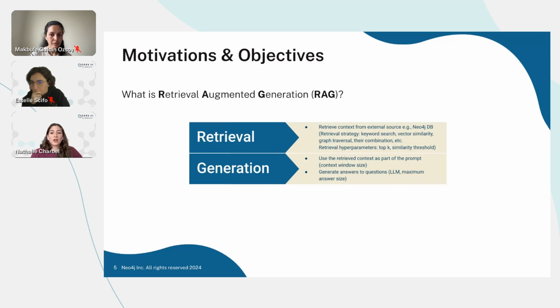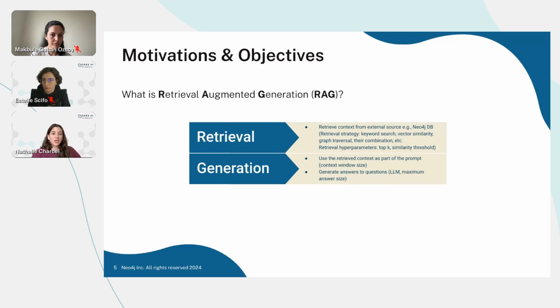For instance, if you're relying on something that is called vector search, you have to configure the K for the top K nodes that can be retrieved from the graph, similar to the query. You can also configure the similarity threshold. We'll be talking about that in the next slides.